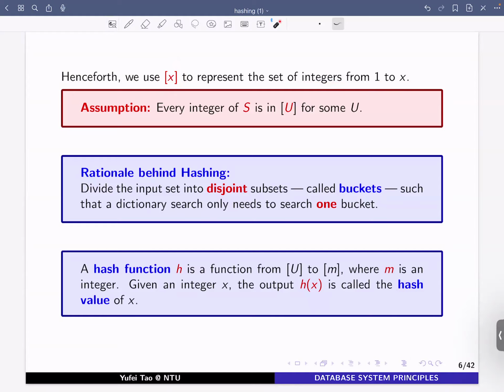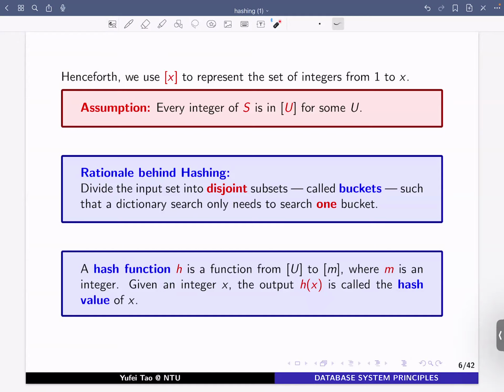Today I'm going to be very explicit about what is the maximum possible integer that we can be given. Here, this is u. In other words, we will accept only integers from 1, 2, 3, all the way to u. So this is not an unreasonable assumption.